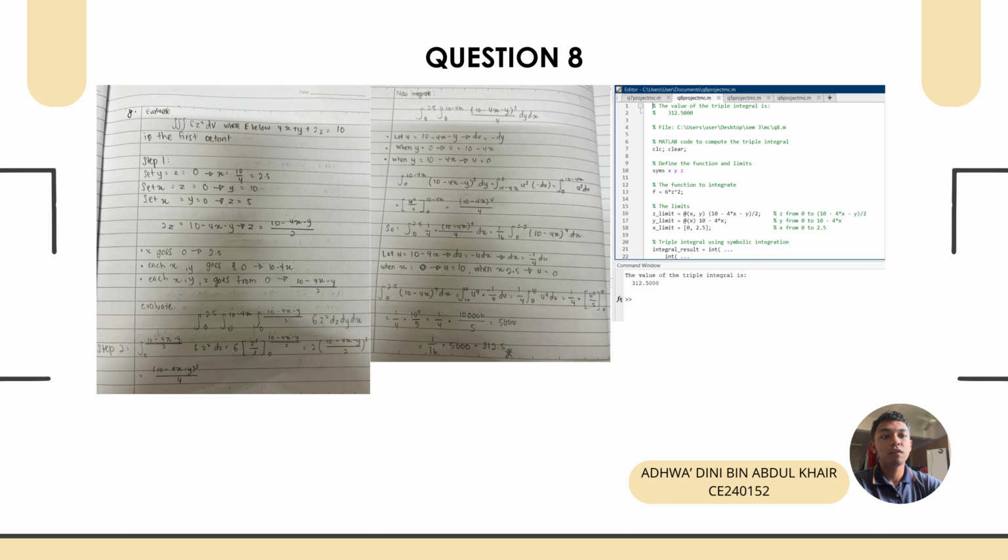Finding the limits of integration. To find the limits, set each variable to 0 and solve for the others. When y equals z equals 0, 4x equals 10, so x equals 2.5.